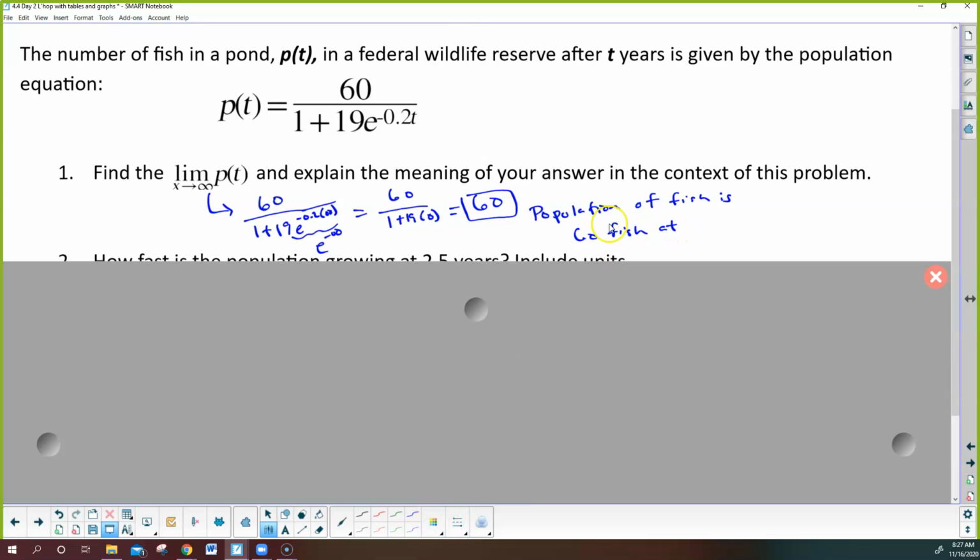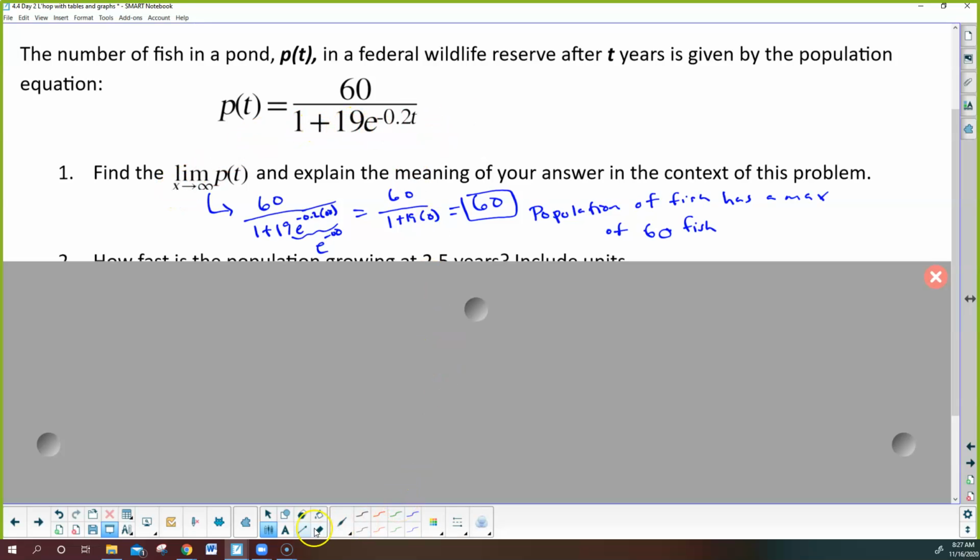This is not at zero. This is when t goes to infinity. So we know that the population of fish is 60, or let me phrase that even better. The population of fish has a max of 60 fish. It's not going to go higher than that as t, or in this case x, goes to infinity.